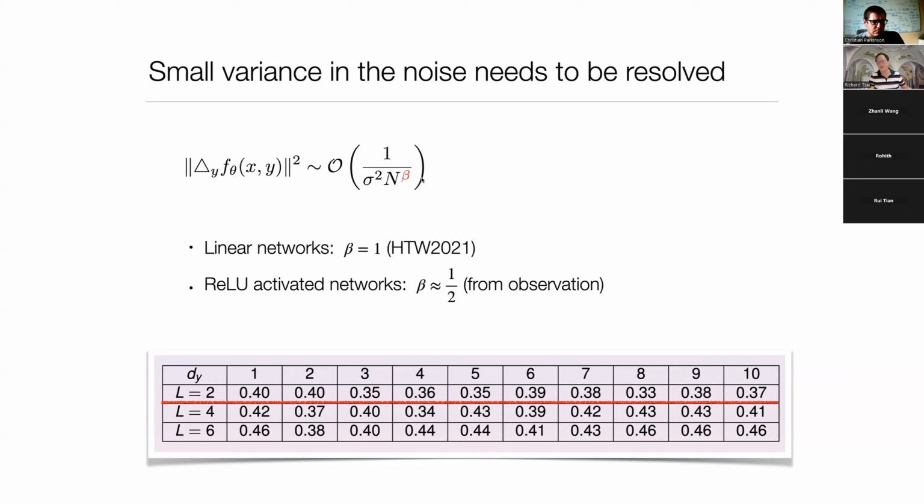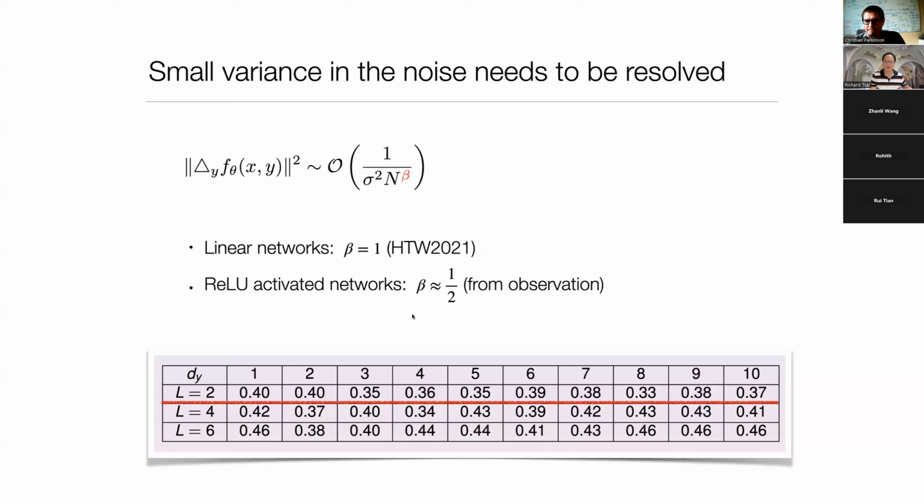Earlier we saw what I put on the screen, which is 1 over sigma times square root of n. It's the same thing. But what happens if you have a ReLU activated deeper network? So we have no proof so far. A lot of intuition, but no proof. And it seems that beta is at best 1/2.